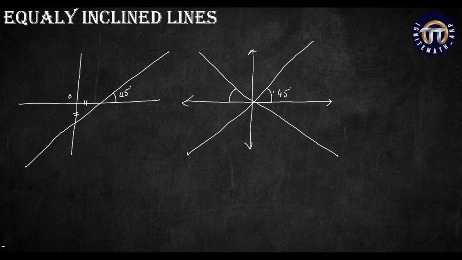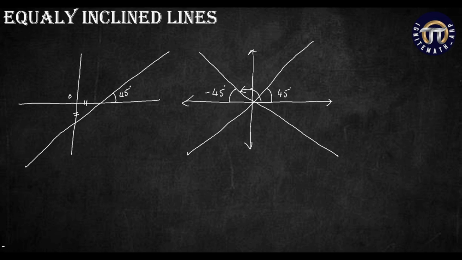See, 45 degrees over here. Here also it is 45 degrees, but since it is on the left side, I can take it as minus 45 degrees because inclination is in the anti-clockwise direction. In these cases, I can say the two lines are equally inclined with the coordinate axes.